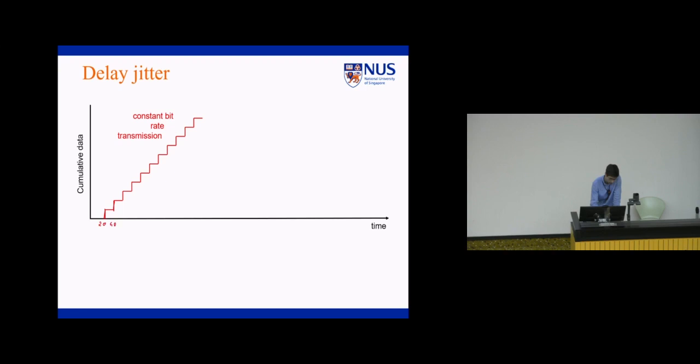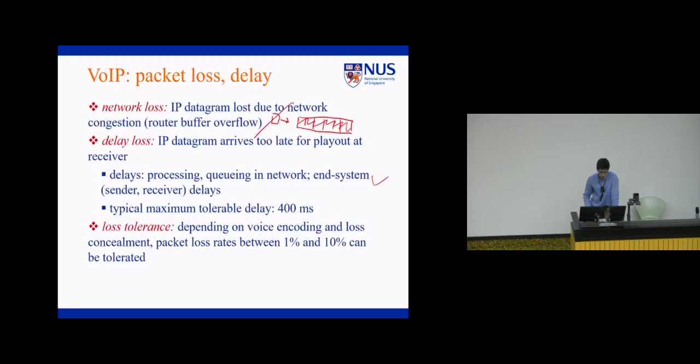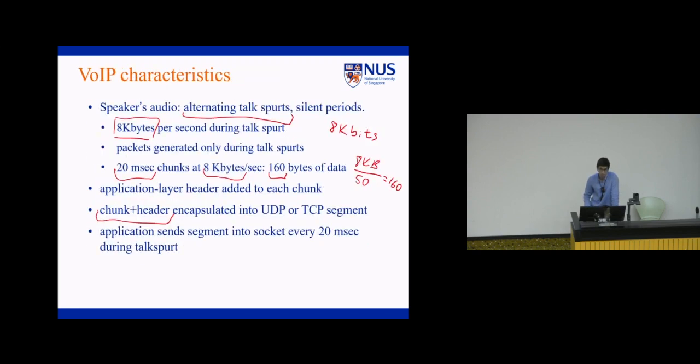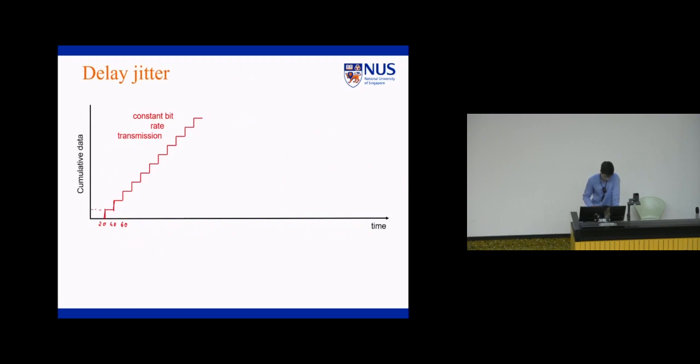So that is 20, 40, 60, and so on, right? And how much was each data? Can you remind me? That was 160, right? So that is perhaps 160, and this is 320, and so on. It goes on like this. As you see here, the cumulative data is much smaller than in the video's case.